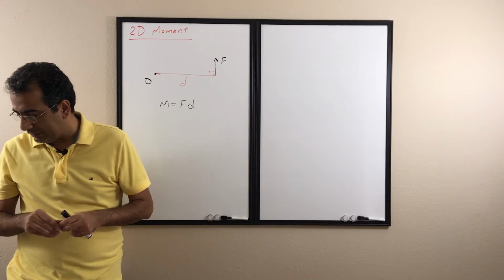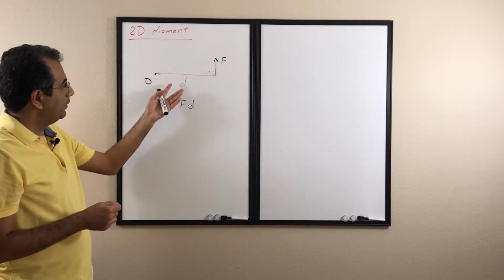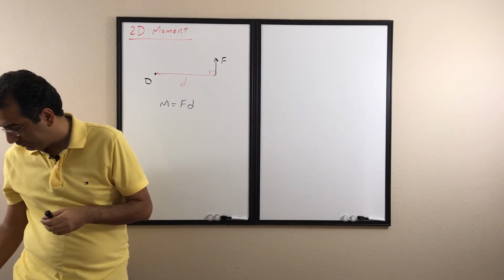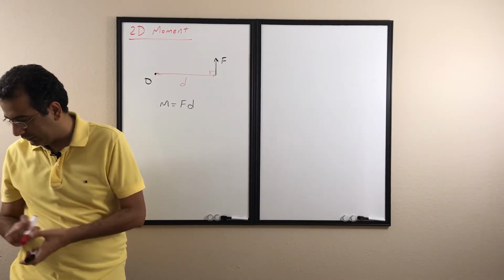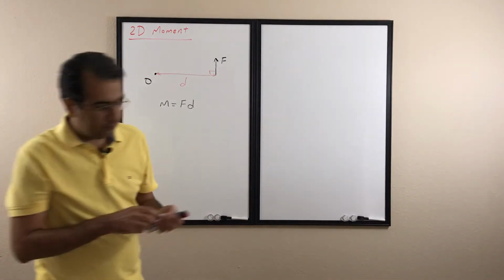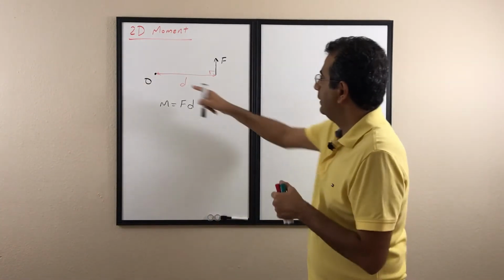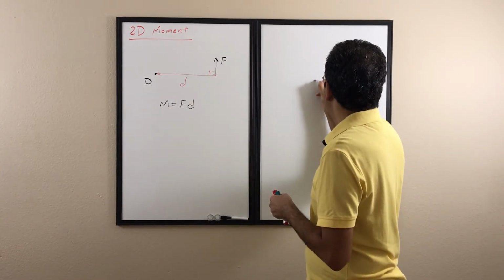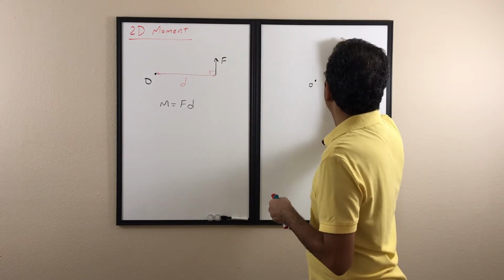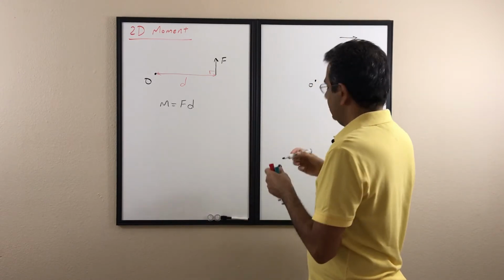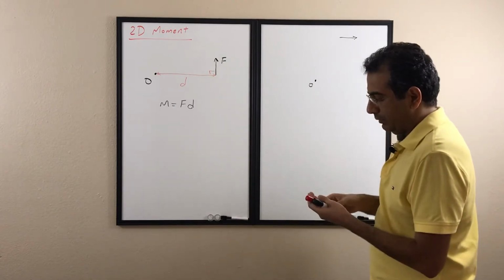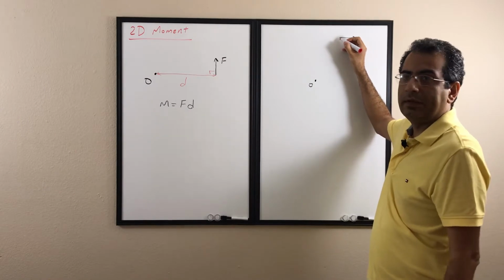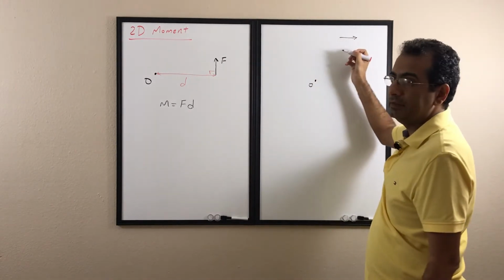Sometimes it might not be that obvious to find those distances. For example, assume I have a point O, and then I have a force here. If I connect the point O to the force, it's not going to be normal to that force, so the angle is not going to be 90 degrees.